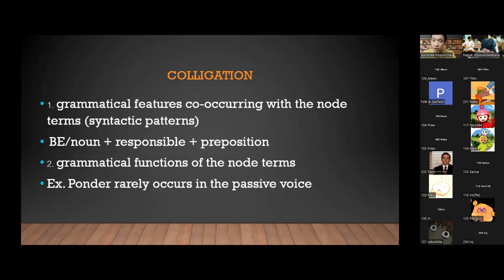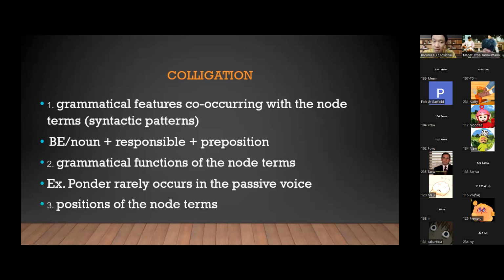This is quite important as well, because when we use a word, we need to know its form. For example, the word ponder means considering something. Ponder rarely occurs in the passive voice. This is one of the grammatical functions of the node terms.